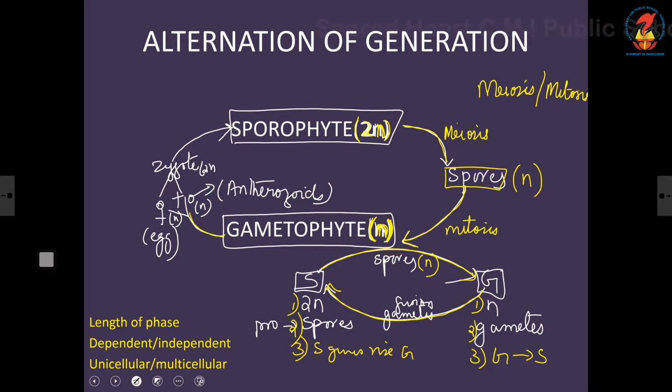Then the gametophyte produces the male and female gametes, and look, the gametophyte is N and the gametes are N. So which division is it? Mitosis. And then this N and N fuse to form 2N. So the zygote is 2N, which forms the sporophyte. You can also incorporate the third point as a cell division point.